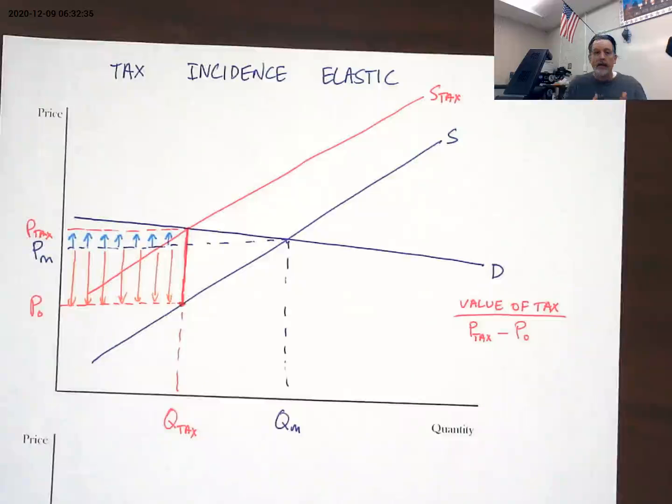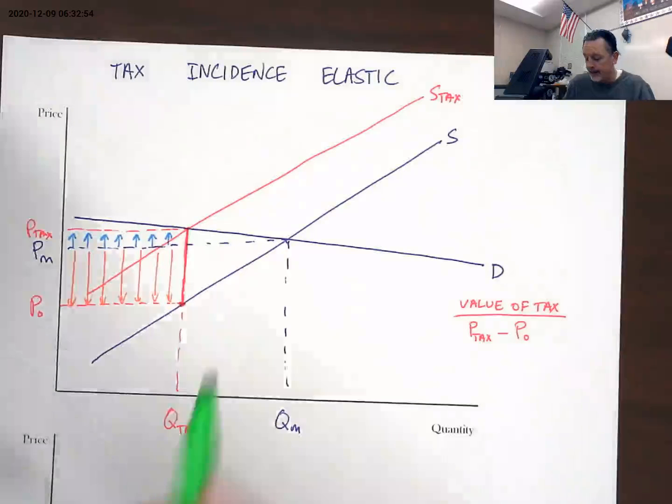All right. What we notice here is a significant loss of market participants relative to what the market would do. And that is a lack of social efficiency. This tax is getting in the way of the price mechanism allocating resources to society's best uses.